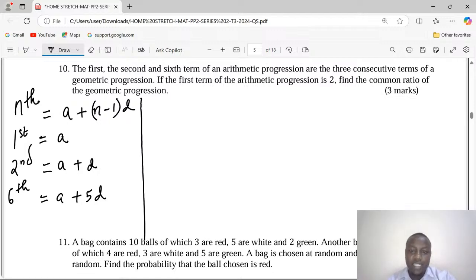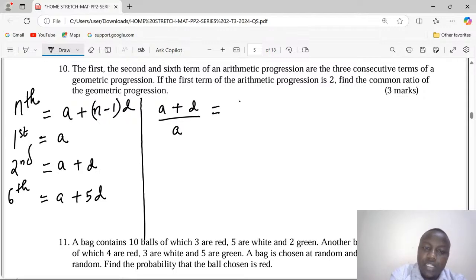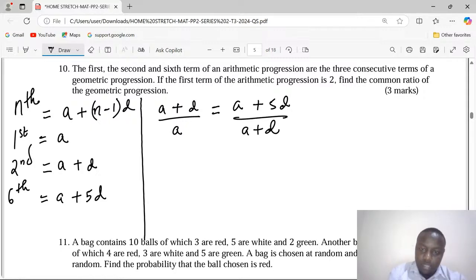If they can give us a common ratio, then it means the second term, that is a plus d, when divided by the first one, will be the same as when we take the third one, which is a plus 5d on the other side, divided by a plus d.